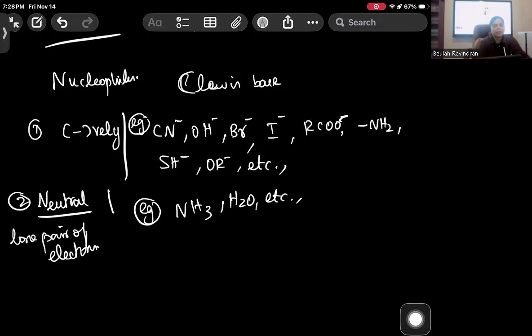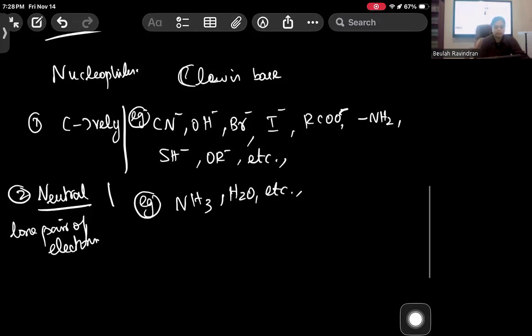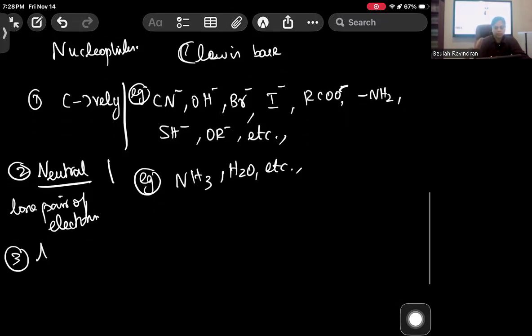Then the third one is ambident nucleophiles. What are ambident nucleophiles?